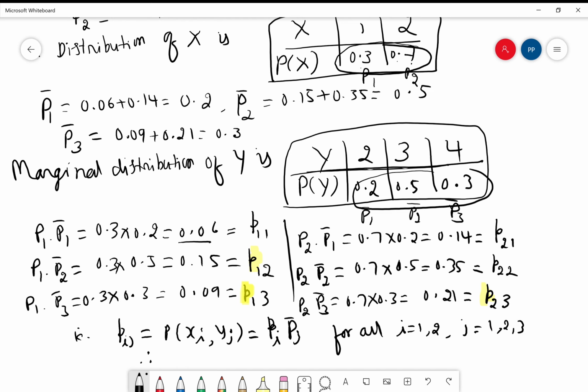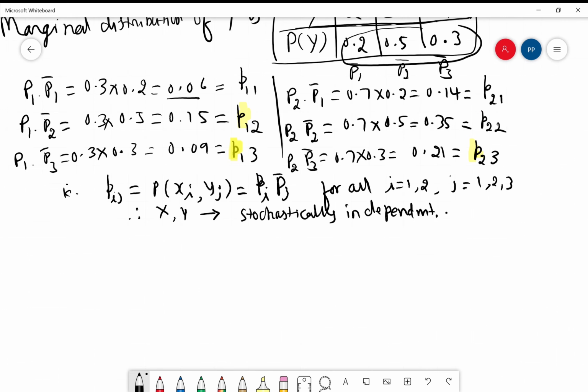Therefore, x and y are stochastically independent. Okay, that completes this problem. I'll move on to the next problem.